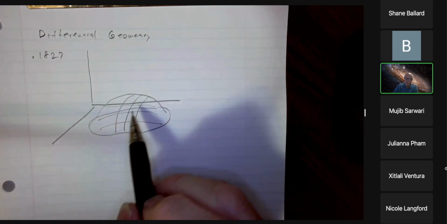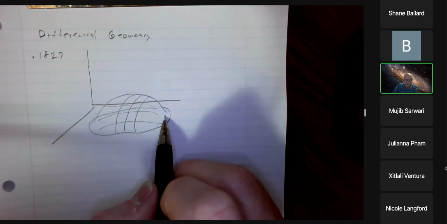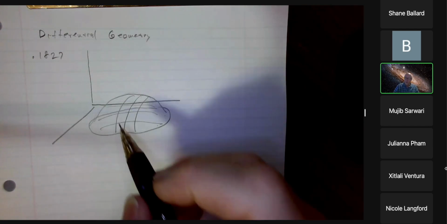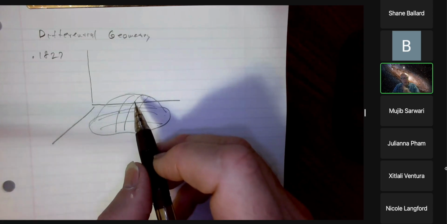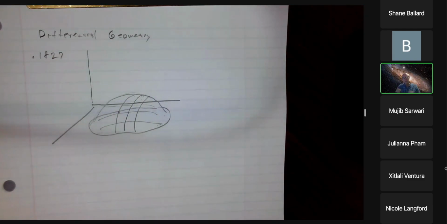And so his approach was to recognize that this surface here can be thought of as a 2-dimensional environment, because if you're living on the surface and you want to describe another place, it only takes 2 numbers if you remain on the surface, with respect to classical grid lines. But this thing is also embedded in a larger 3-dimensional space.